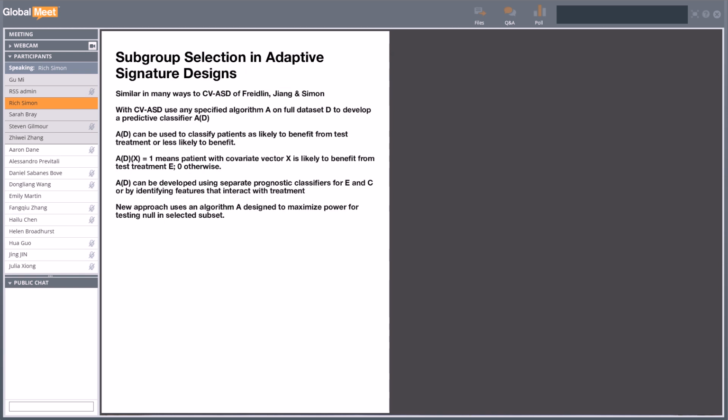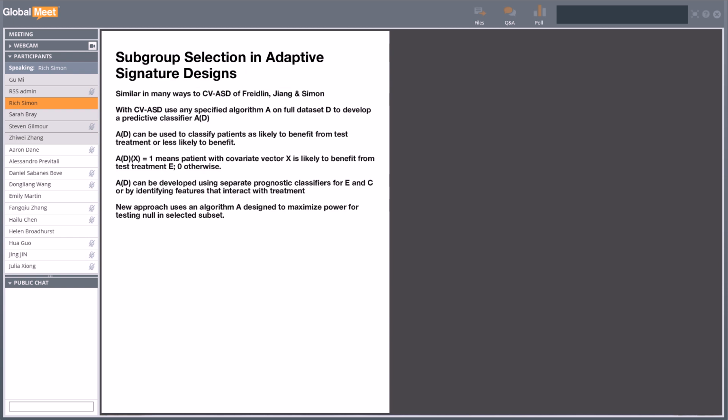What we want to come up with is one predictive classifier based on the data, and we want to have some valid statistical properties of that predictive classifier, such as an unbiased estimate of the treatment effect of the population that is predicted to benefit from the test treatment, and perhaps a test of the null hypothesis for that selected population.